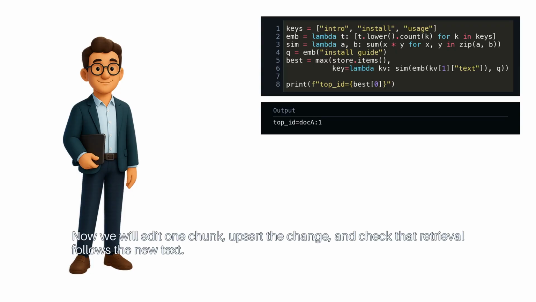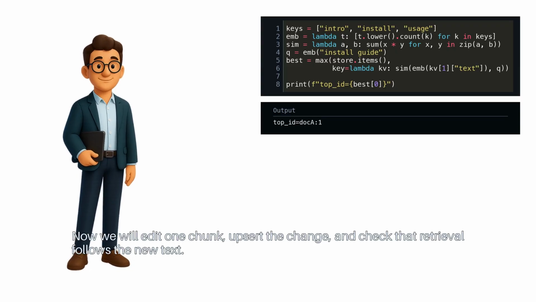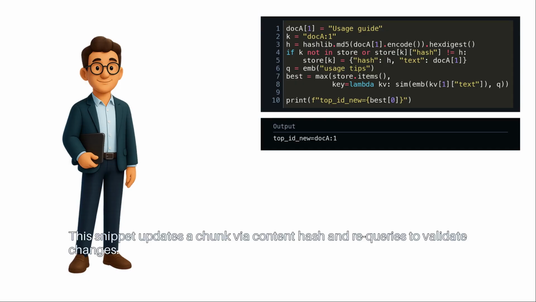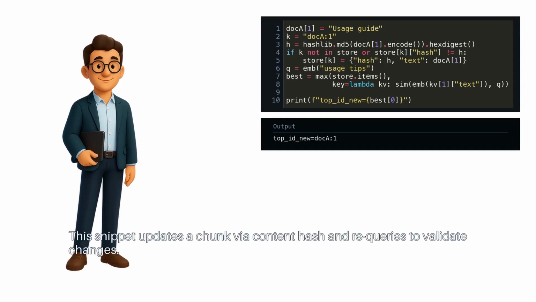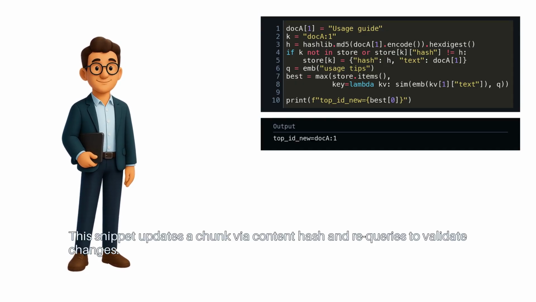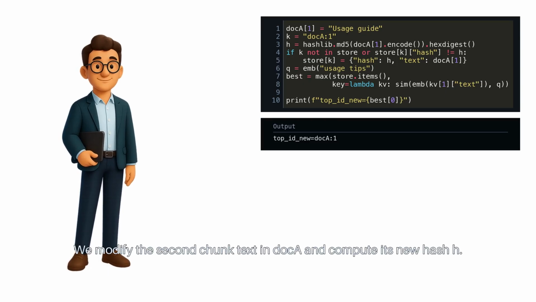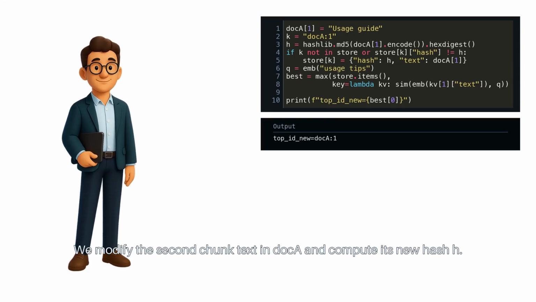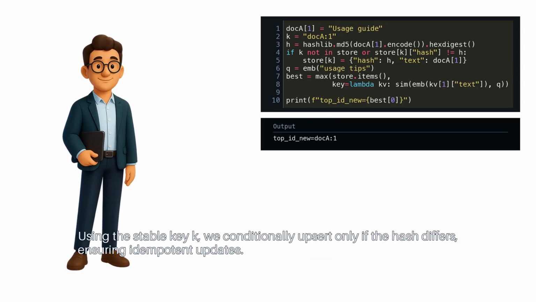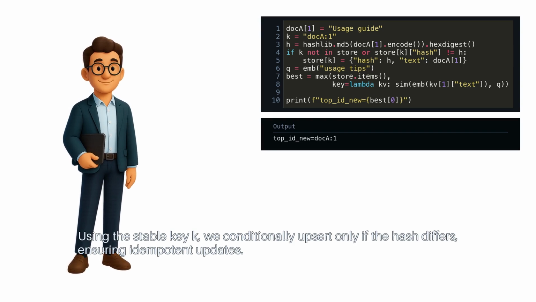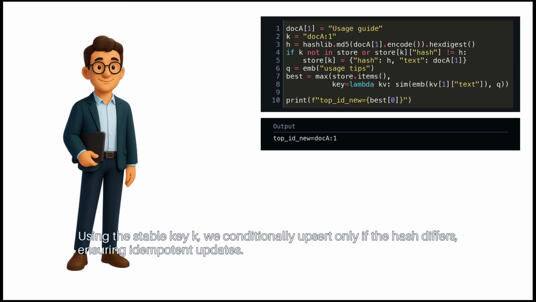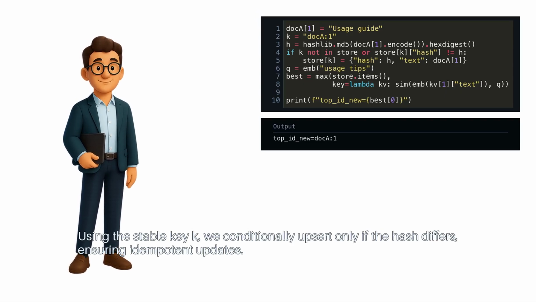Now we will edit one chunk, upsert the change, and check that retrieval follows the new text. This snippet updates a chunk via content hash and requeries to validate changes. We modify the second chunk text in doc.a and compute its new hash H. Using the stable key K, we conditionally upsert only if the hash differs, ensuring idempotent updates.